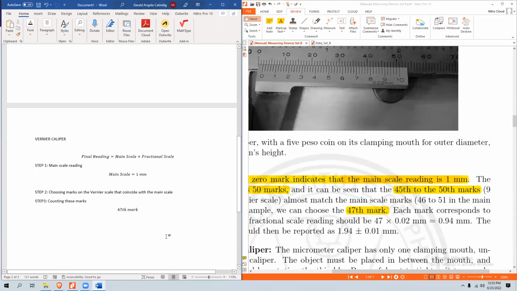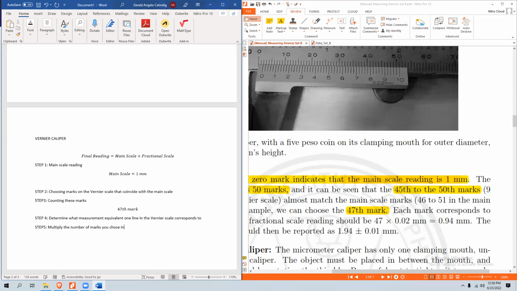So, dahil dyan, step 4, determine what measurement equivalent one line in the Vernier scale corresponds to. Step 5, multiply the number of marks you chose in step 3 with the equivalent measurement of one line in step 4.